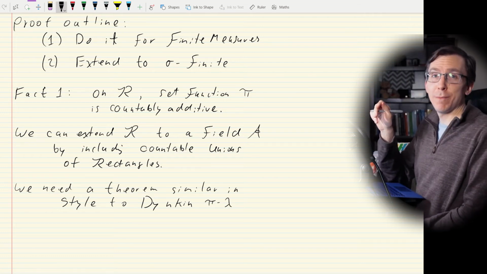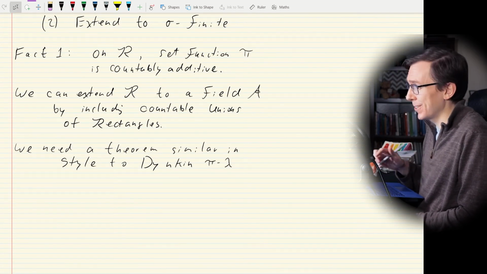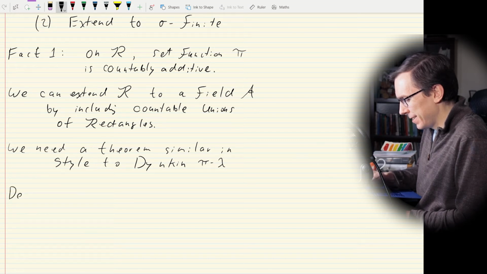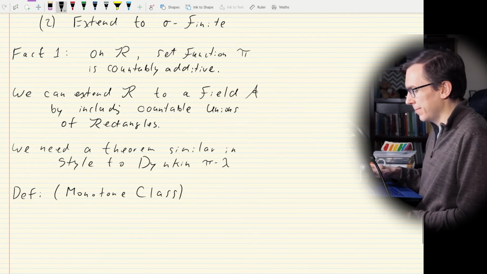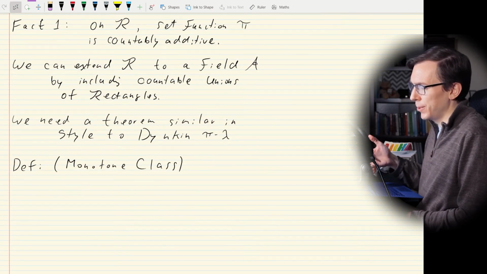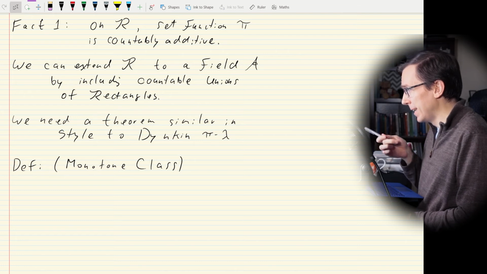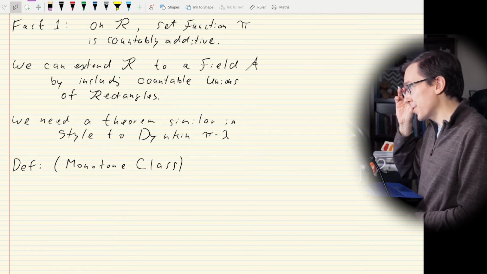And this is going to be called the monotone class theorem, not to be confused with the monotone convergence theorem, which means we need a definition. Definition: monotone class. This is an alternative tool that's very similar to Dynkin's pi-lambda theorem that we can use to prove uniqueness, much in the same way we did a couple lectures ago.